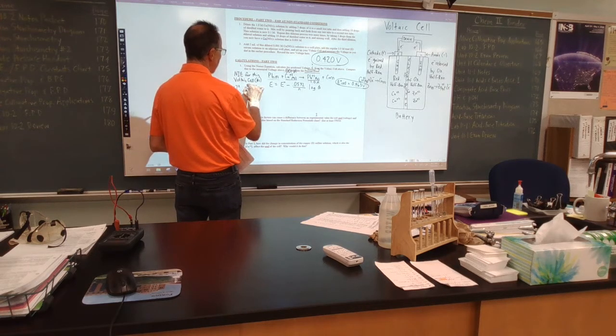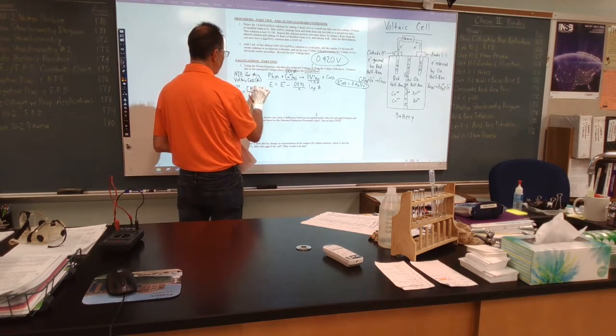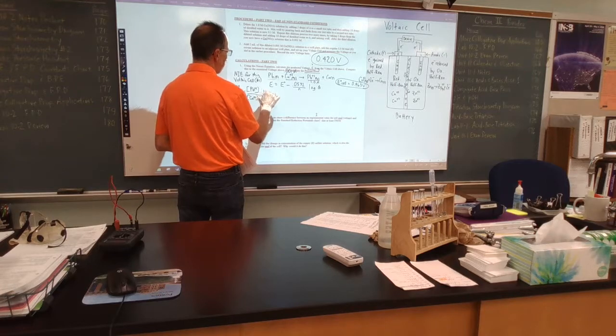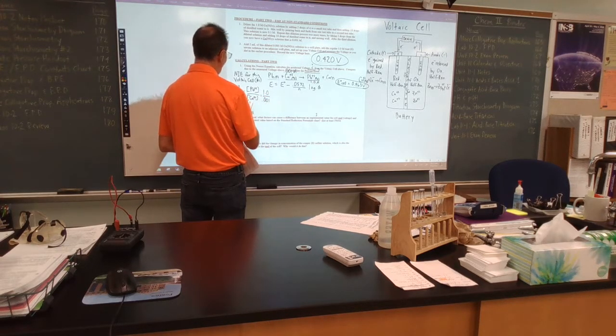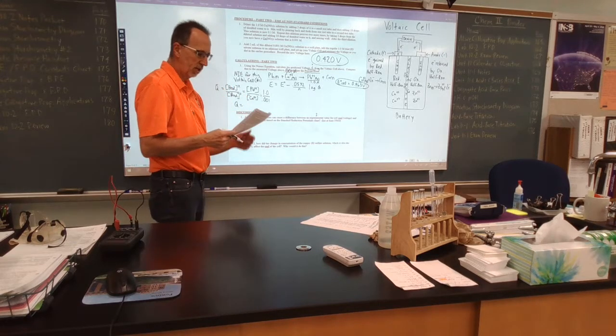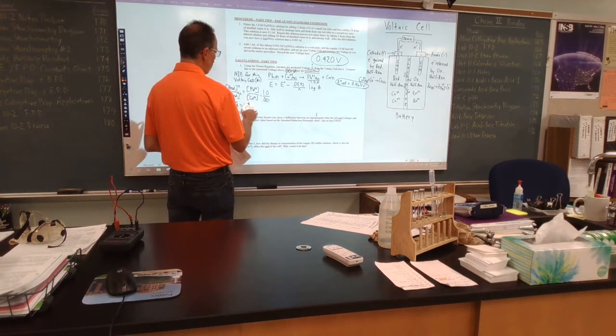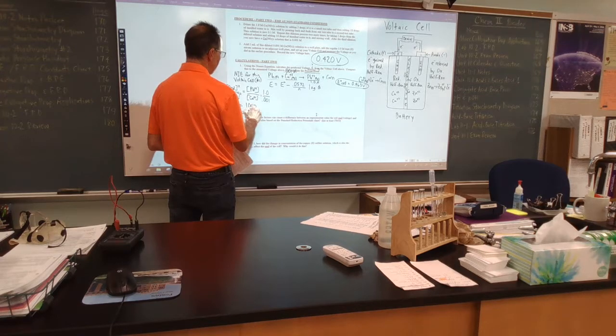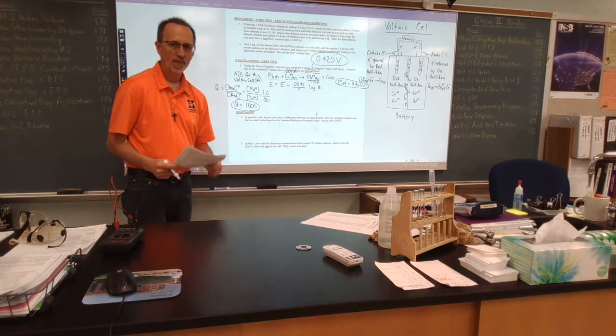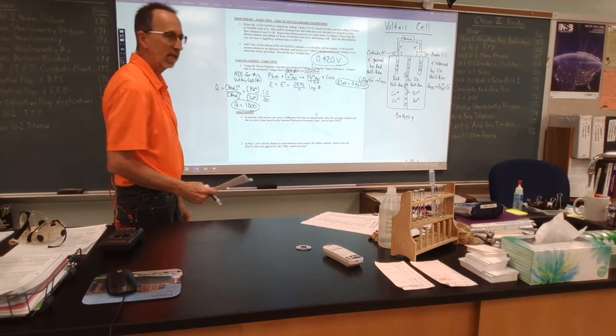So our product then was our lead plus 2 concentration. Our reactant is our copper plus 2 concentration. So we have 1.0 over 0.001. And so Q then comes out to be 1,000.